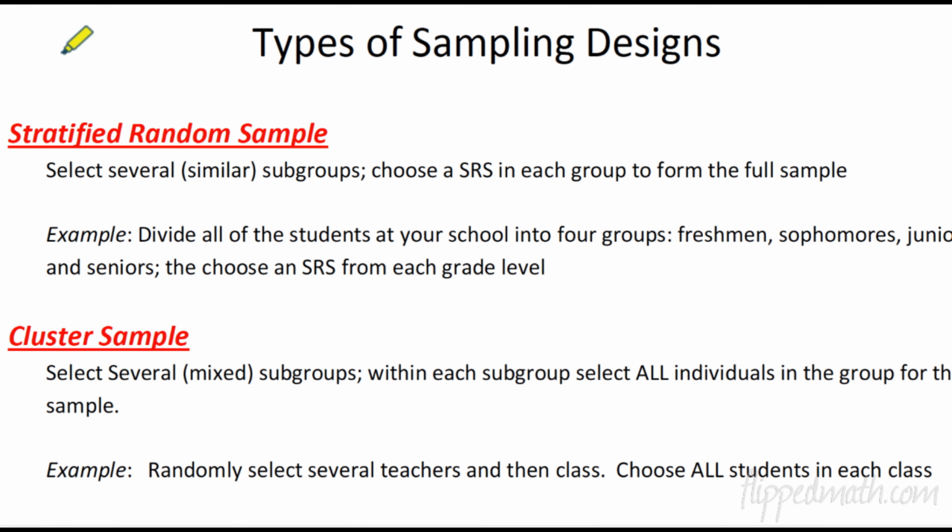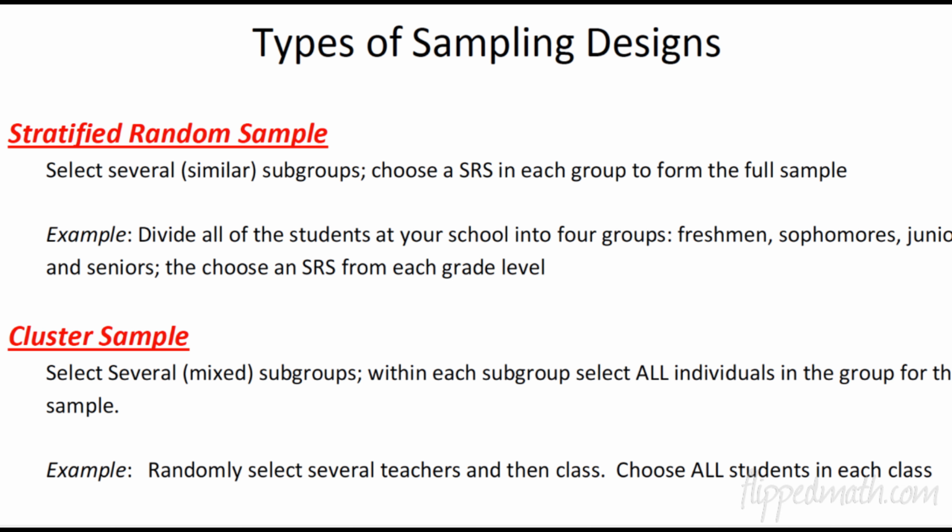Another type, we have a stratified random sample. Now this is often confused with a cluster sample, which is down here. But let's talk about stratified random sample first. A stratified random sample is when you want to ensure that every single subgroup is selected. So what could that mean? I'm going to go back to my school lunch analogy. It's very popular for me, not the lunch, the analogy.